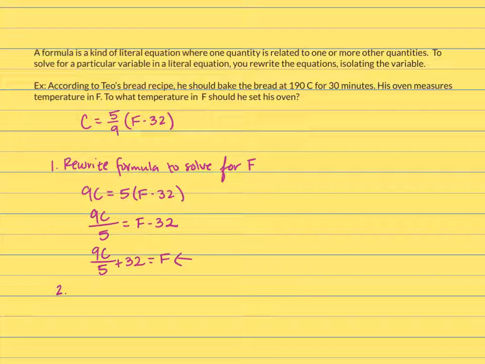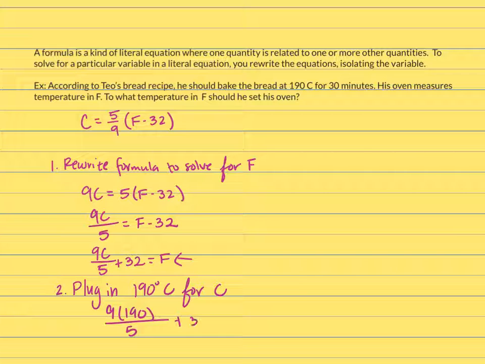So I'm going to take my new formula and plug in 190 degrees Celsius for C. So I have 9 times 190 over 5 plus 32 equals F. And when we simplify this, we end up with 374 degrees is equal to the value in Fahrenheit. So Tio should set his oven to 374 degrees Fahrenheit.